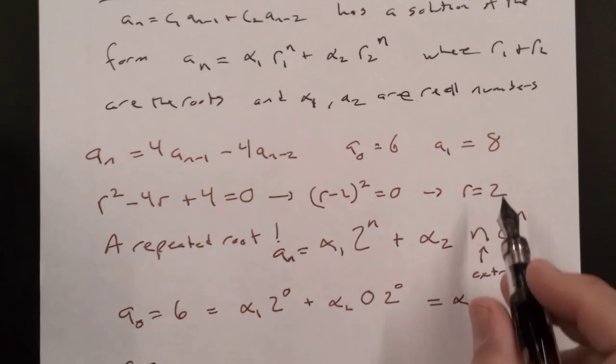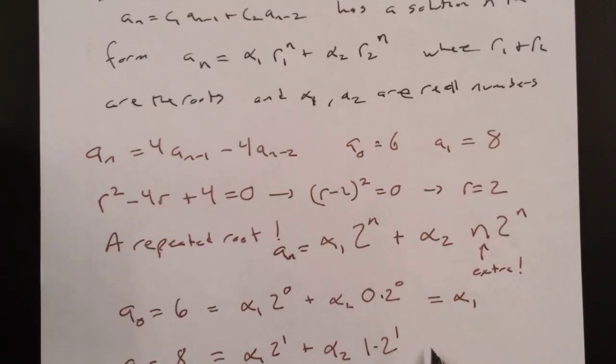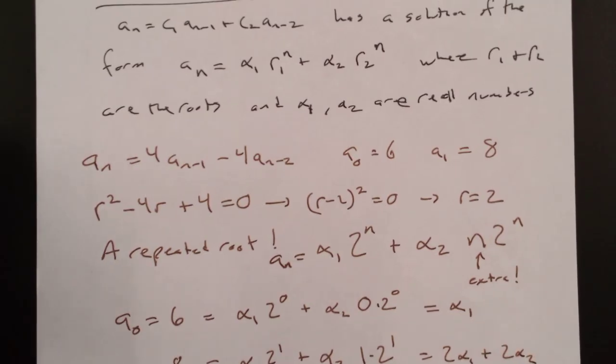a1 equals 8. Equals alpha 1 times 2 to the 1 plus alpha 2 times 1 times 2 to the 1. Oh, wait a minute. That's 2 alpha 1 plus 2 alpha 2.